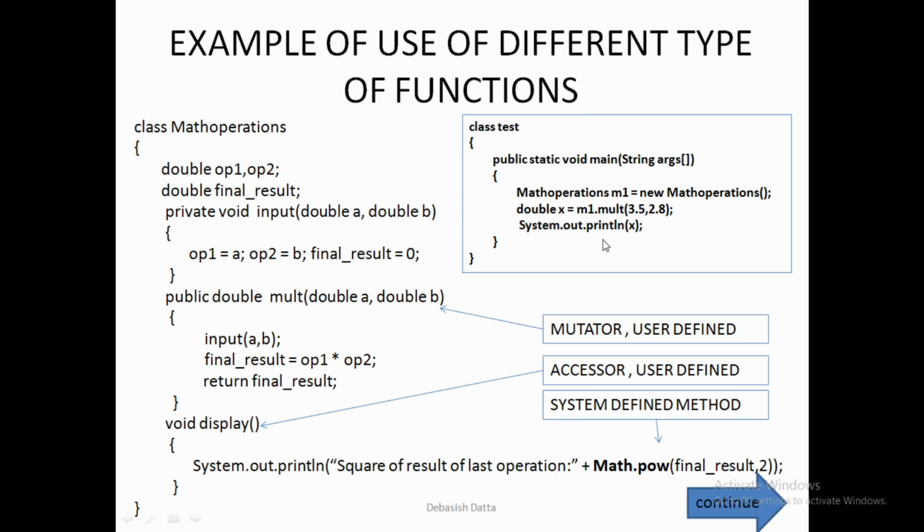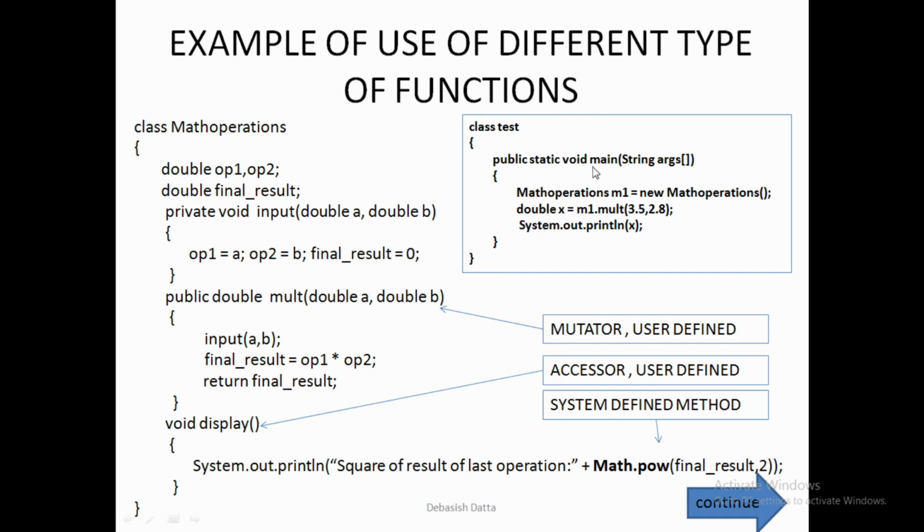The point which I want to emphasize is that the display function, the mult function and the input function are different, in the sense that both in the mult function and in the input function, whenever a call to this function occurs, the values of op1 and op2 get changed.